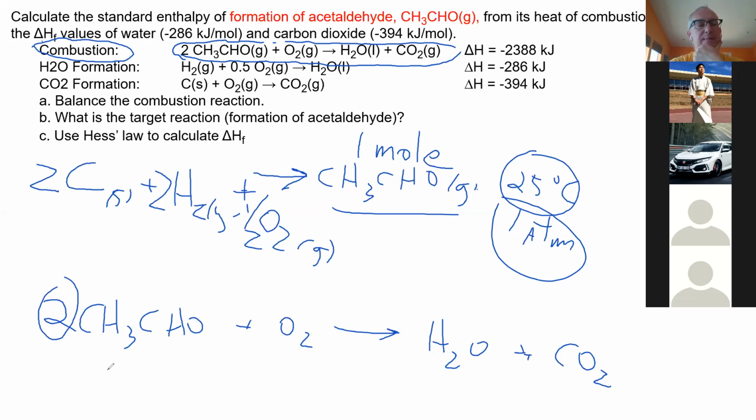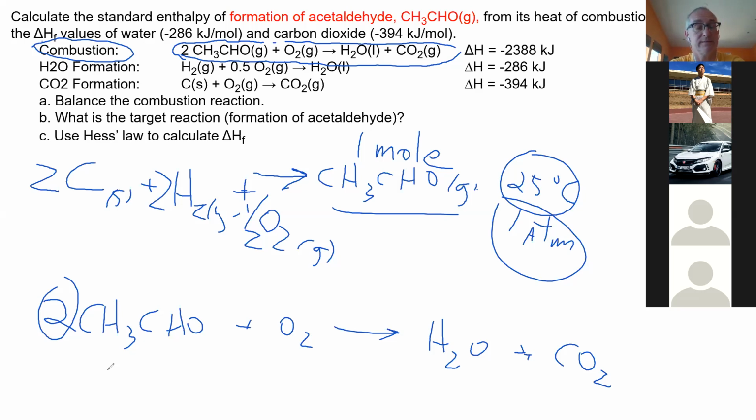So how many moles of carbon do I have on the left side? How many moles of carbon as reactants are going into the reaction? Moles of carbon atoms. Is it 4?